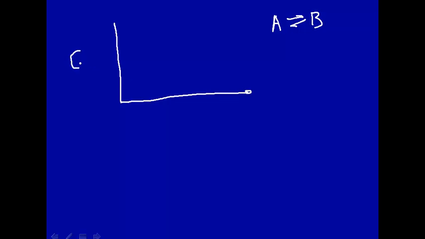Just to review what we mean by this, let's take a simple reaction, A in equilibrium with B. Over here we'll measure the concentration of A or the concentration of B as a function of time. We can measure these concentrations spectrophotometrically or something like that.